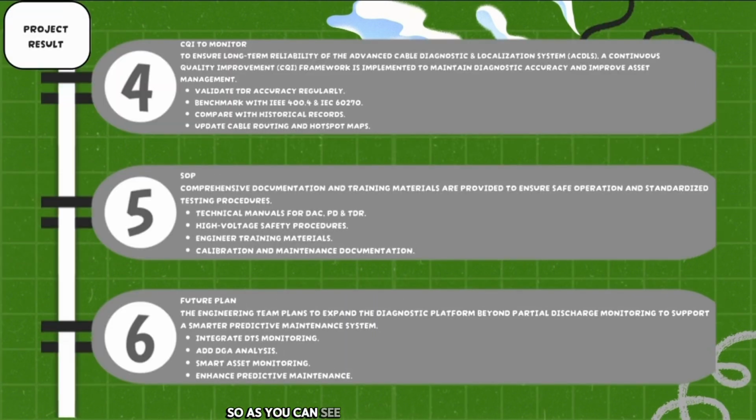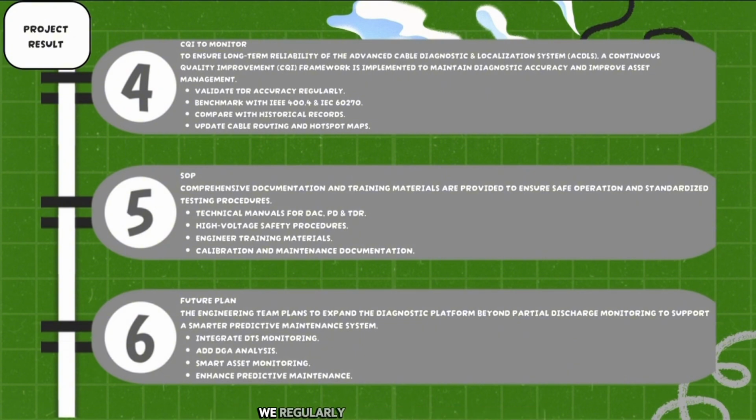As you can see, we have the same project result. In the points there, we have CQI to monitor, SOP, and our future plan. To ensure the long-term reliability of this system, we have instituted a continuous quality improvement, or CQI, framework.